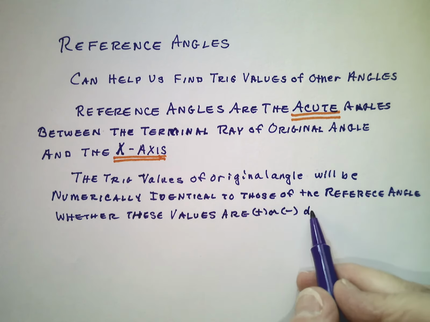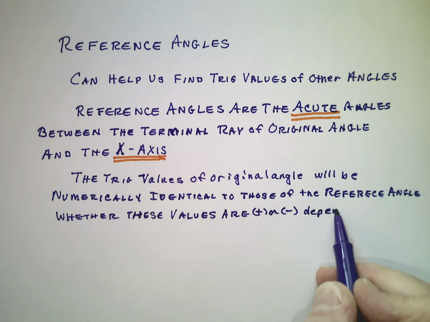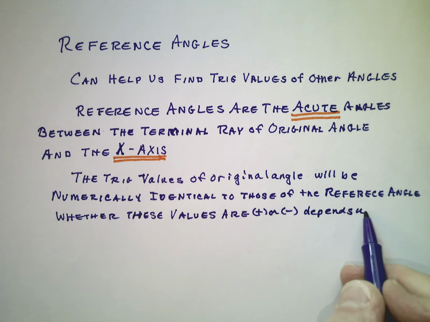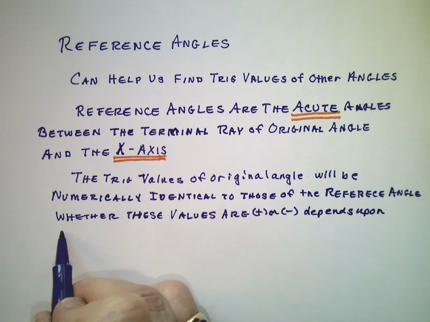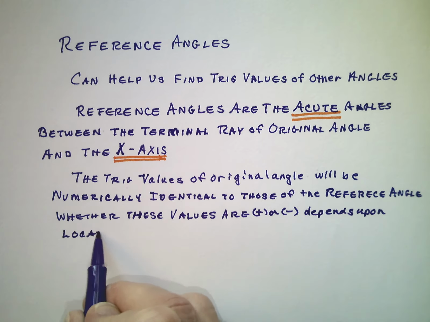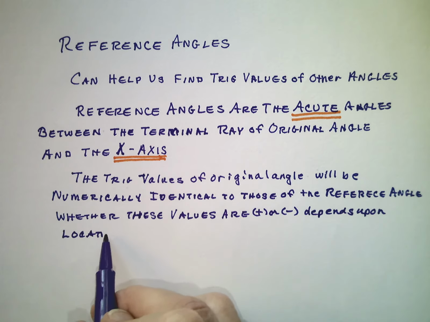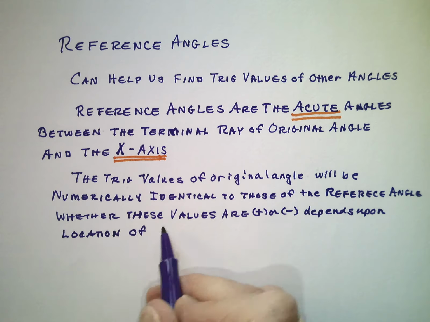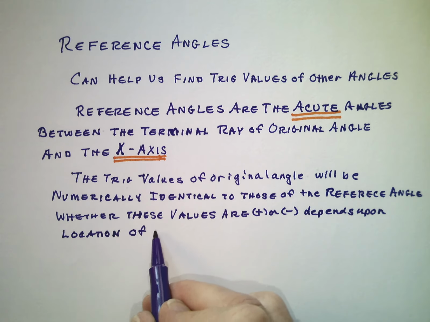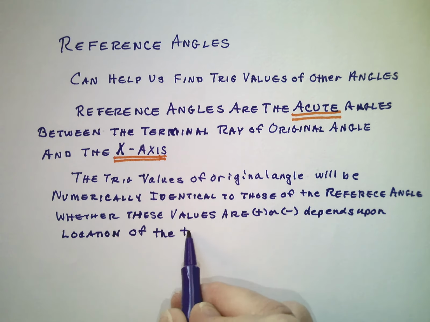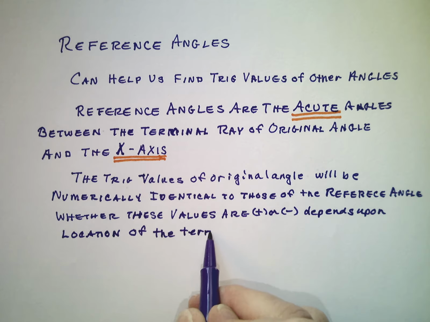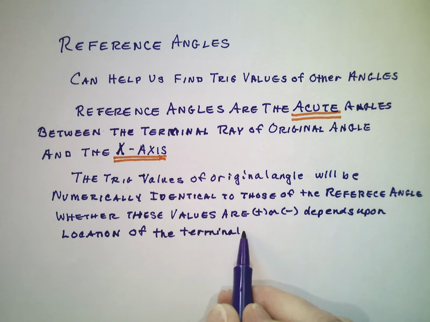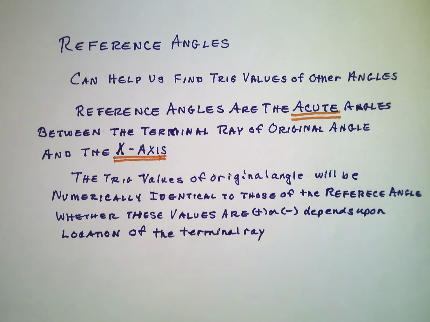It's all location. So we'll have to actually draw the pictures, see where the angles are coming out. Maybe it'll make more sense when we try some. So let's give them a try.